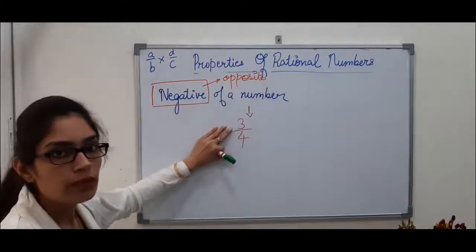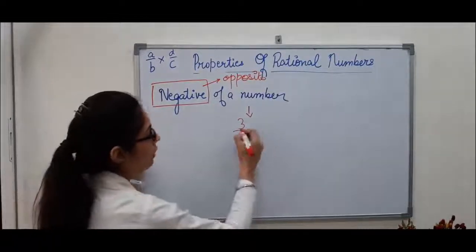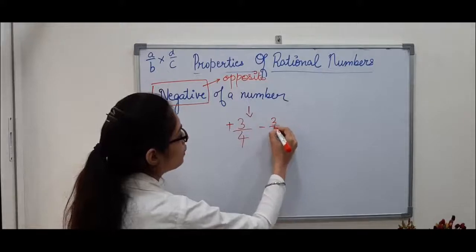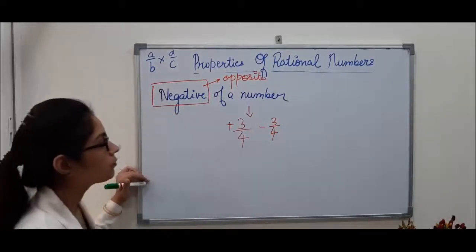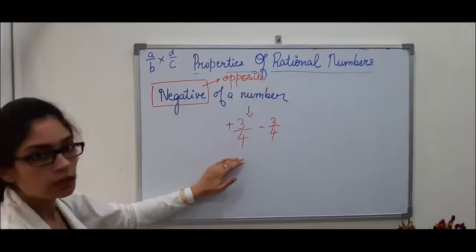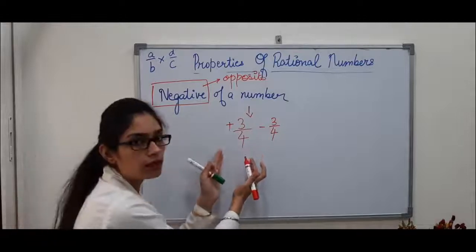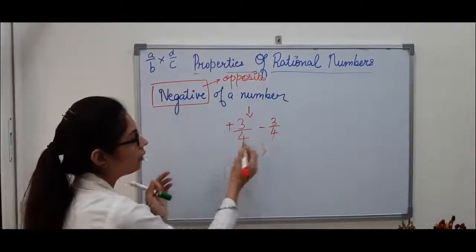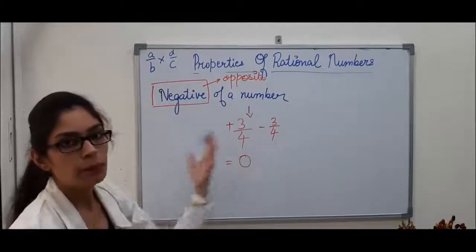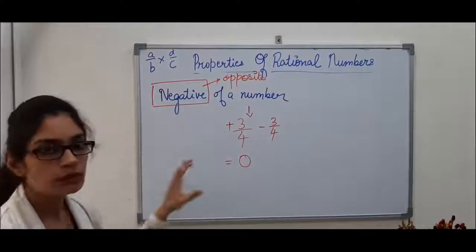So I have one rational number, 3 by 4. What will be its negative? This is plus, so its negative will be minus 3 by 4. On adding these two numbers, 3 by 4 minus 3 by 4, whenever the numbers are the same and the signs are opposite, we are subtracting the same number from itself. 3 by 4 minus 3 by 4 will be equal to 0.